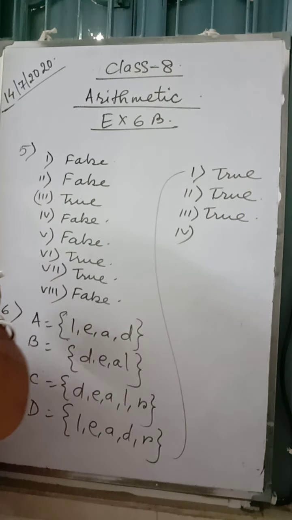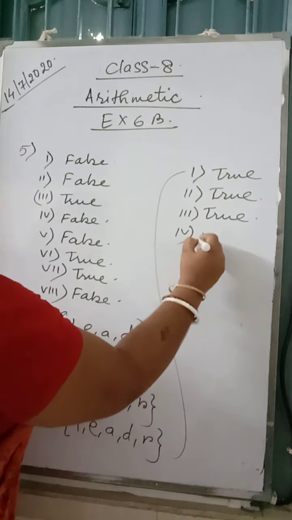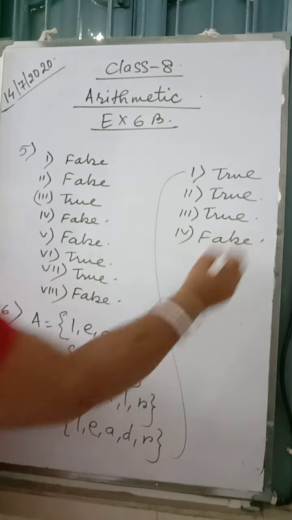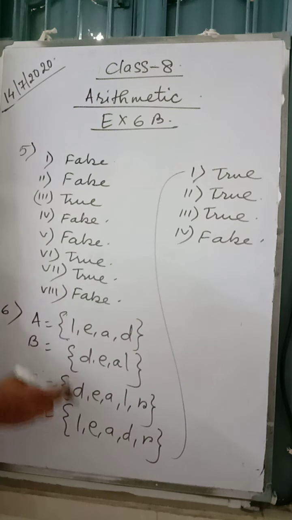Number 4, C is not equal to D. C and D are equal. So this is false. For question number 6, C and D are not equal, they are saying. No, it is wrong. C and D have the same members.